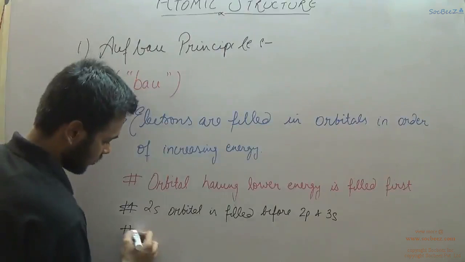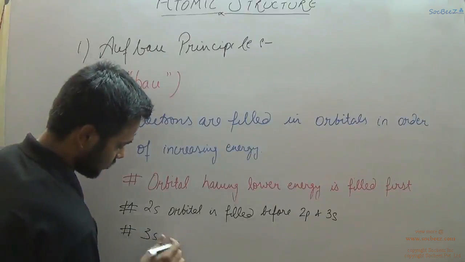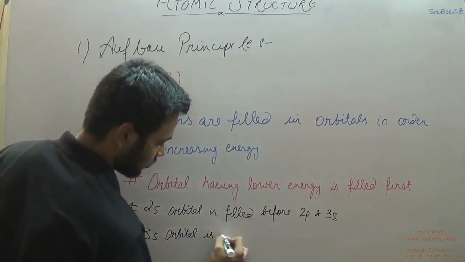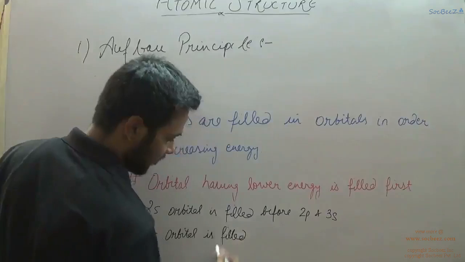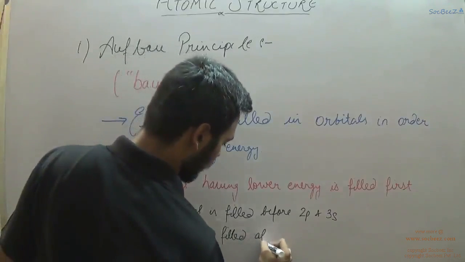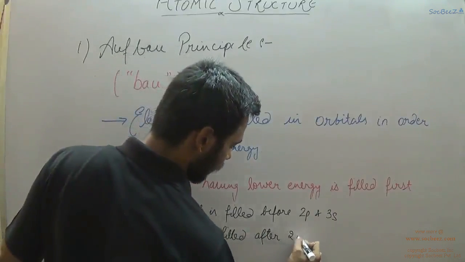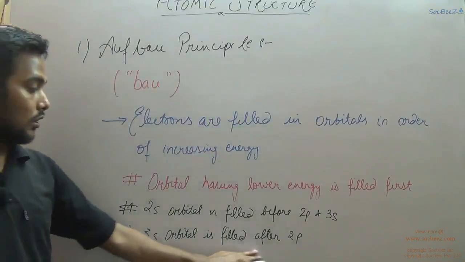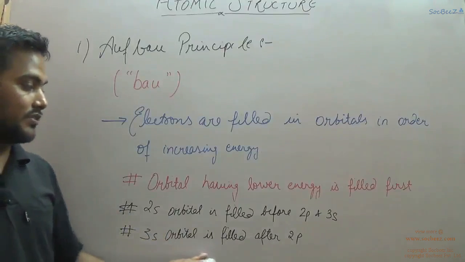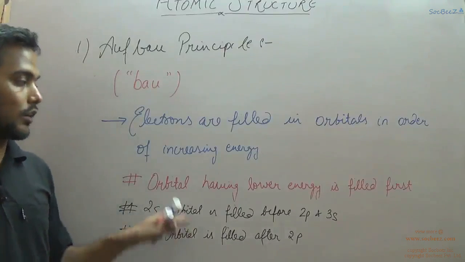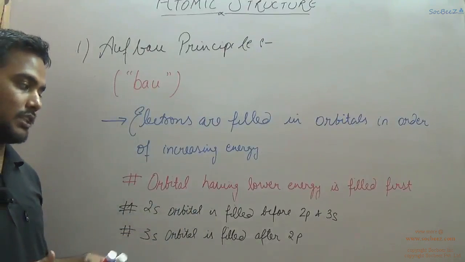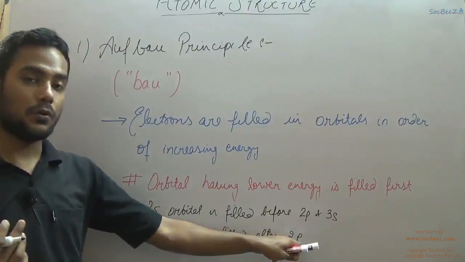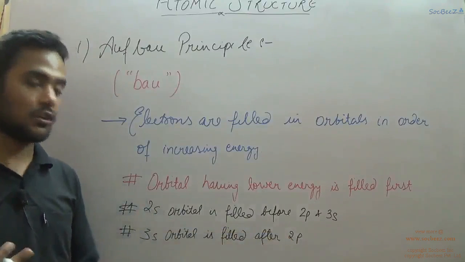And 3s orbital is filled after 2p, although according to the n plus l rule they should have the same energy, but it is not so, because the orbital with the lower value of n has the lower energy.